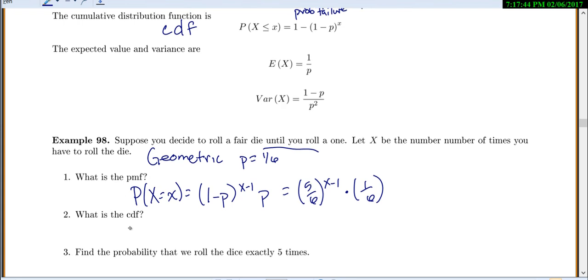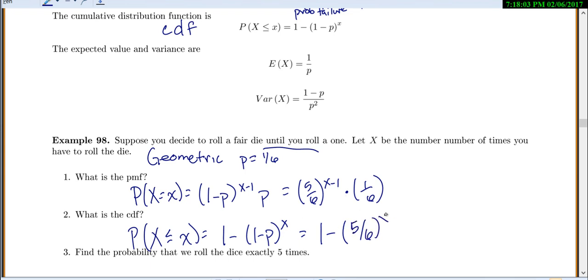And if you wanted to find the CDF, probability that X is less than or equal to some specific value x, the general formula was 1 minus (1 minus p) to the x. So in our case, it'll be 1 minus (5/6) to the power of x. So we know our PMF, because it's a probability mass function, and we know our CDF.